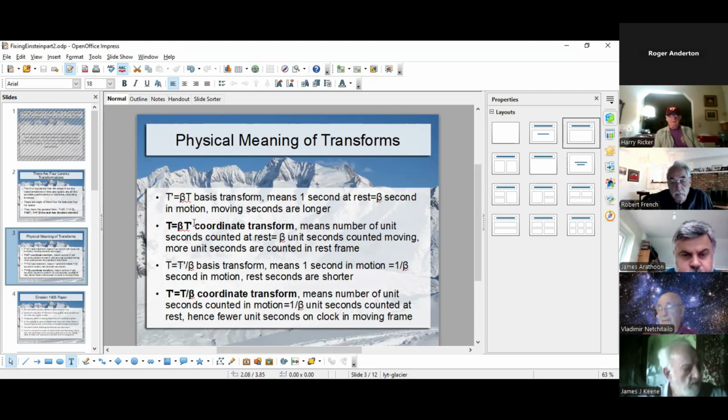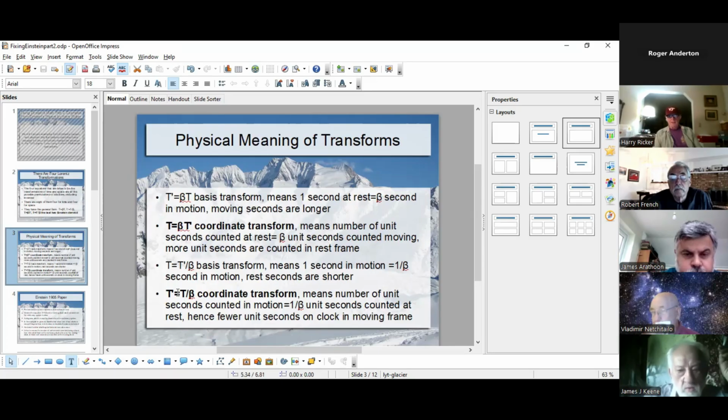That says that more units are counted in the rest frame than in the moving frame. And then we have a basis transform, which goes backwards from the moving frame to the rest frame. And it says that the time units are shorter in the rest frame than in the moving frame.